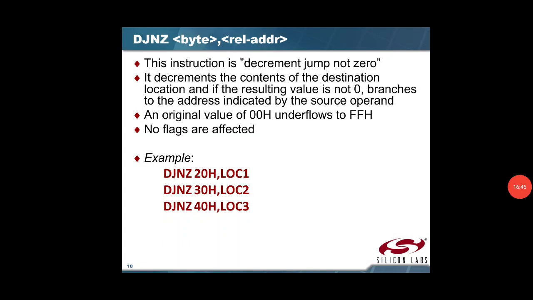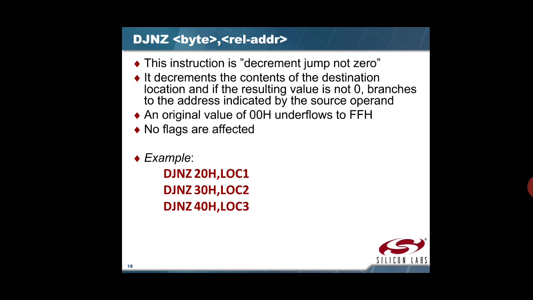Okay, the next instruction, DJNZ byte comma relative addressing, means decrement and jump if not 0. It decrements the contents of the destination location, and if the resulting value is not 0, it branches to the address indicated by the source operand.